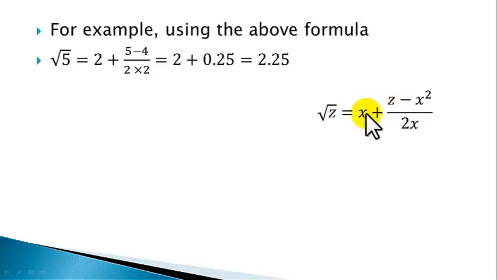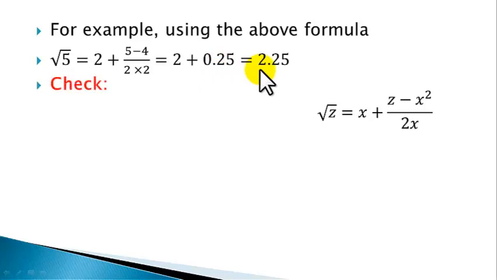Square root of 4, which is x, is 2. So square root of 5 is approximately equal to 2 plus (5 minus 4) over 2 times 2. 5 minus 4 is 1, divided by 4 is 0.25. Therefore square root of 5 is 2 plus 0.25, which is equal to 2.25.